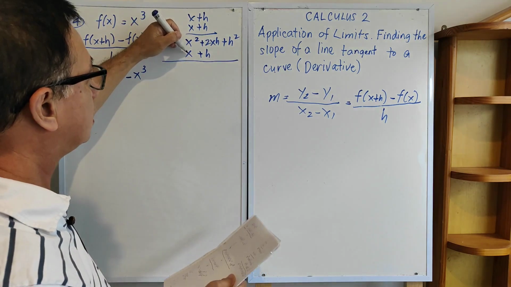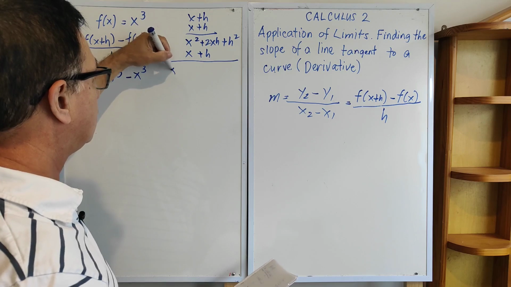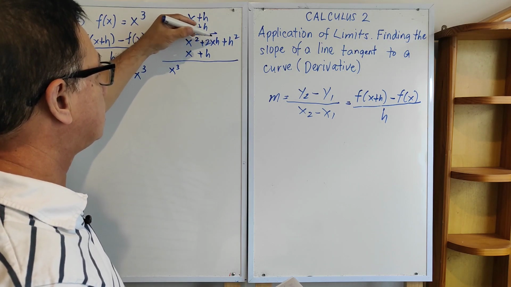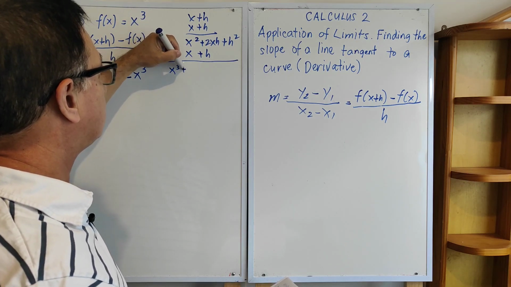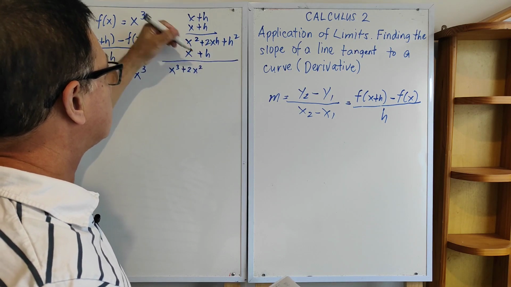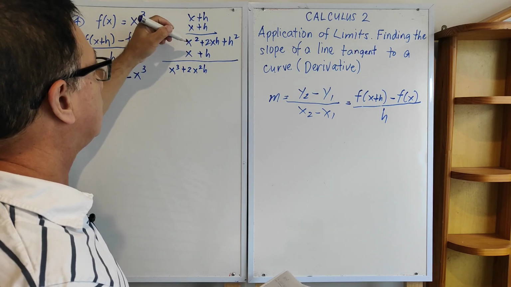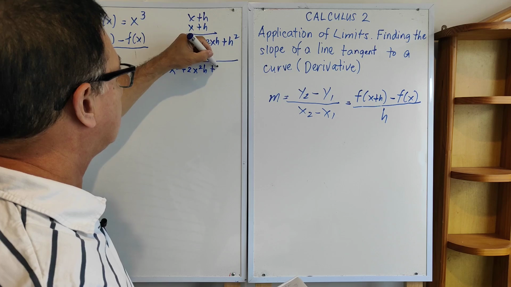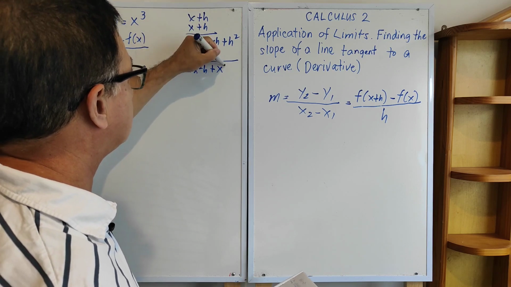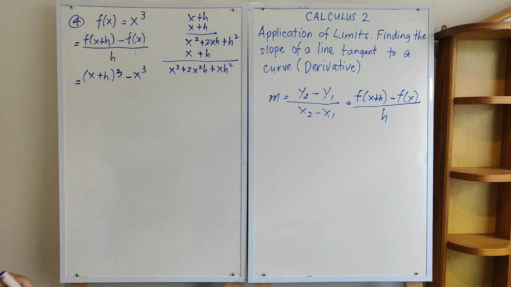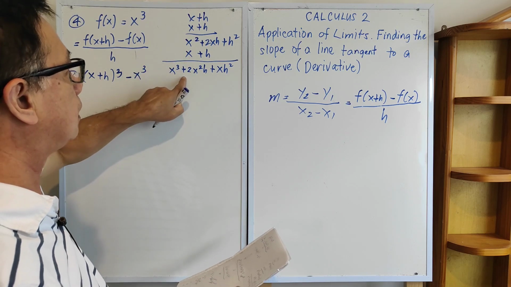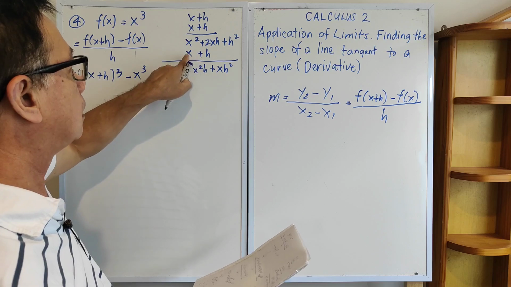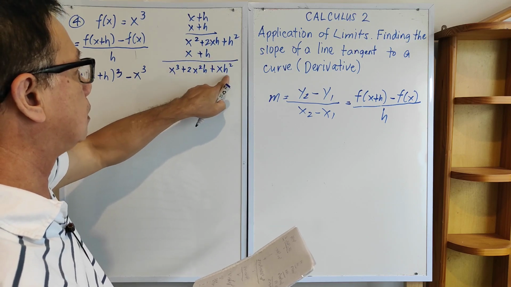So x times x squared is x cubed. x times 2xh will become 2x squared h, and then x times h squared will be x h squared. I just want to check my maths.